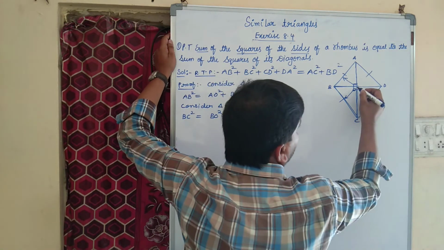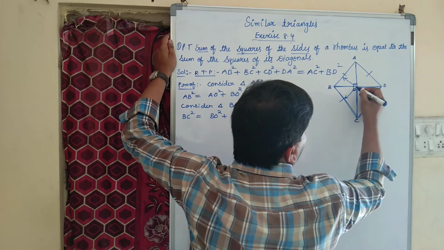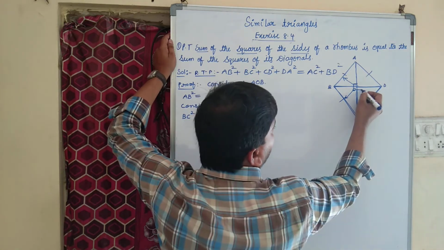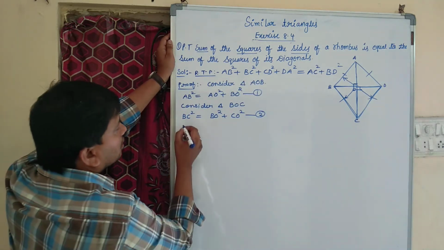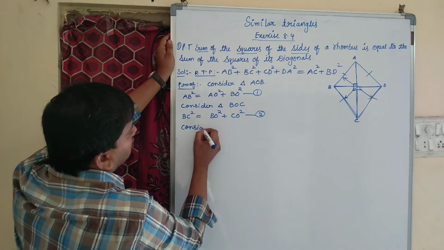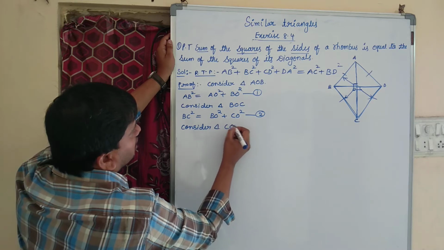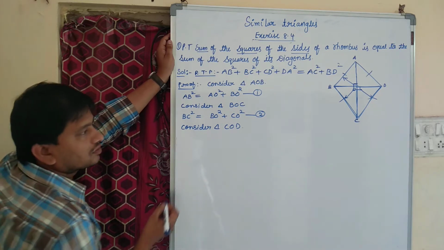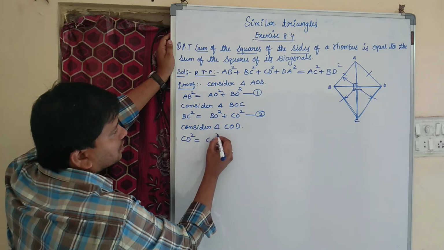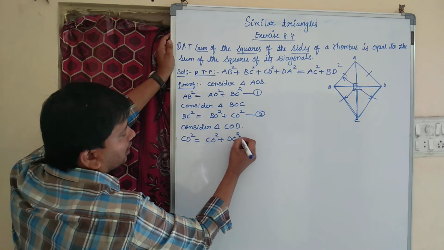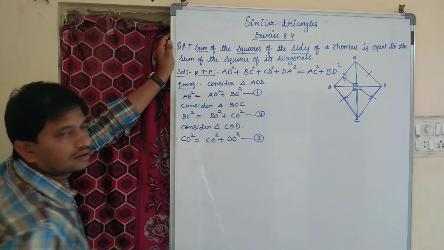Similarly, consider triangle COD. The right angle is at O, and the side opposite to the right angle is CD. In COD, CD is the hypotenuse, and CO and DO are the other two sides.